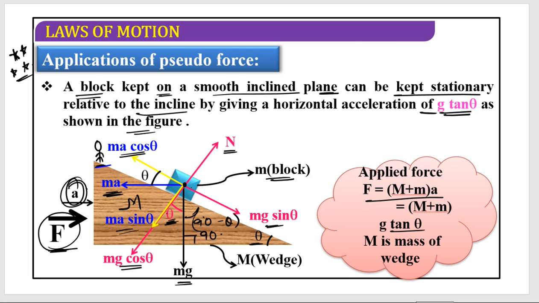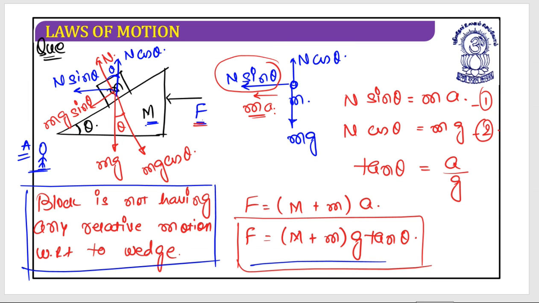Yes, so observe this again. This was the situation where I sat on the wedge and observed the situation. Whatever force I am receiving, it is the same force, (M plus m) into g tan theta. The acceleration is the same. Even here the results are the same.